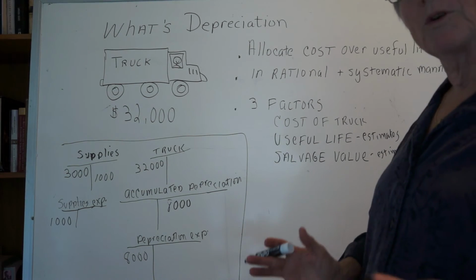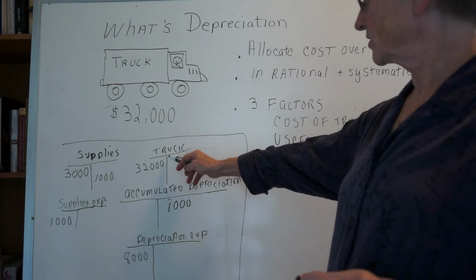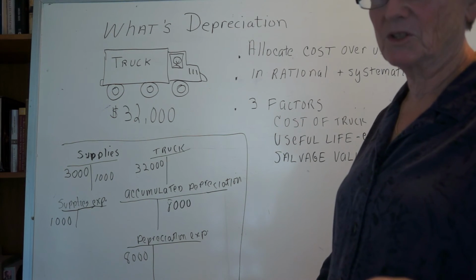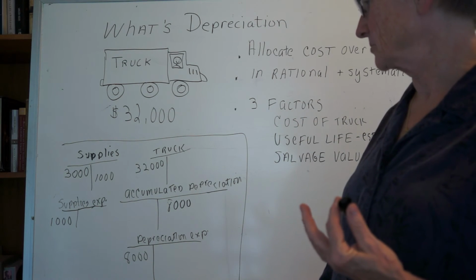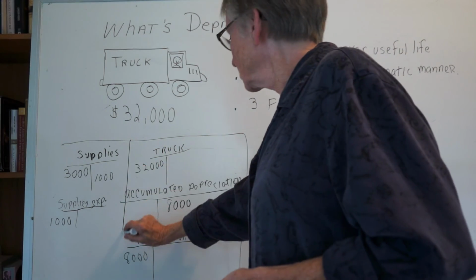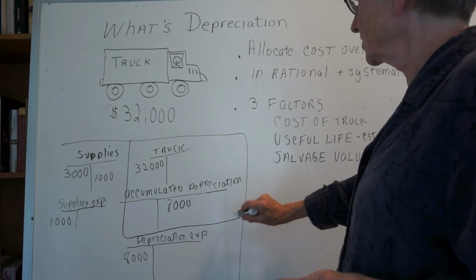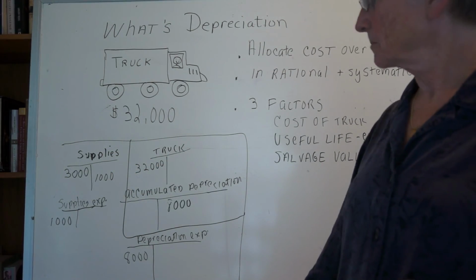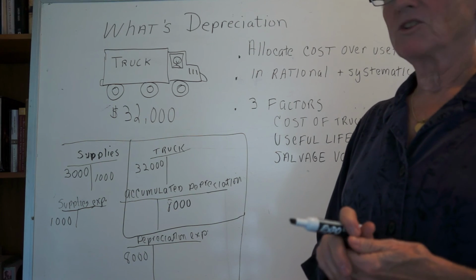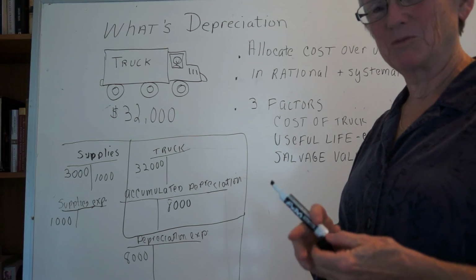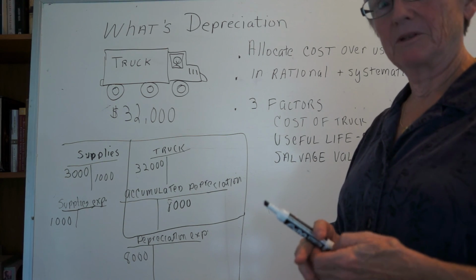And so when we report the truck on the books, truck less accumulated depreciation of $8,000 would give us its book value. So it accomplishes the same thing, except you're using two accounts together rather than just reducing the asset account itself. So anyway, that answers the question, I hope, of what is depreciation, and your next move is on to figuring out how to compute it.